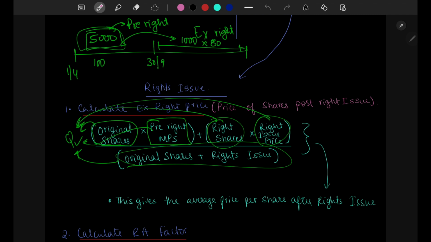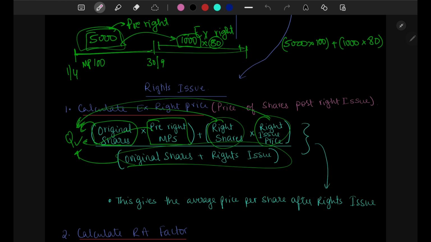How many shares existed pre-right? 5,000 shares existed pre-right. So original number of shares into the market price, which is 100, plus how many rights shares did we issue? We issued 1,000 rights shares at 80 rupees.